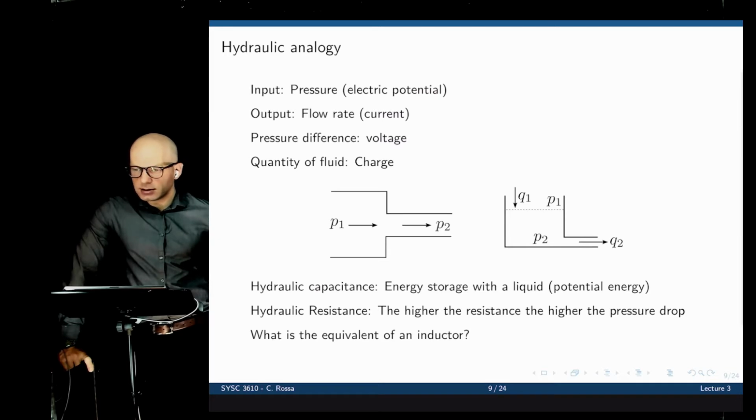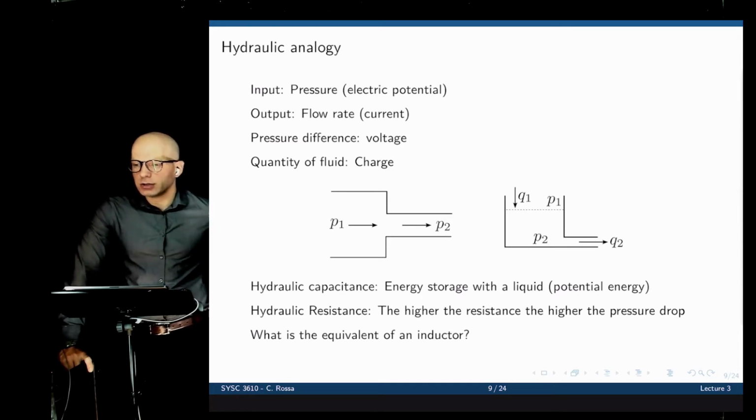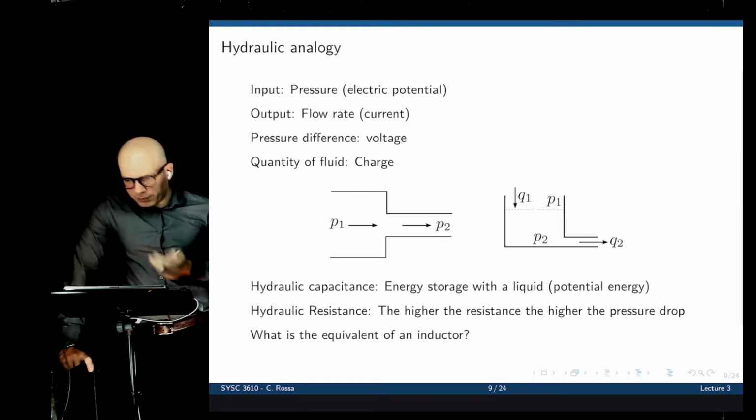If that is the case, then what should be the input to the system? If we are now dealing with a hydraulic system, what creates flow is the pressure. So the pressure becomes equivalent to the voltage. The flow rate becomes equivalent to the current. What else?